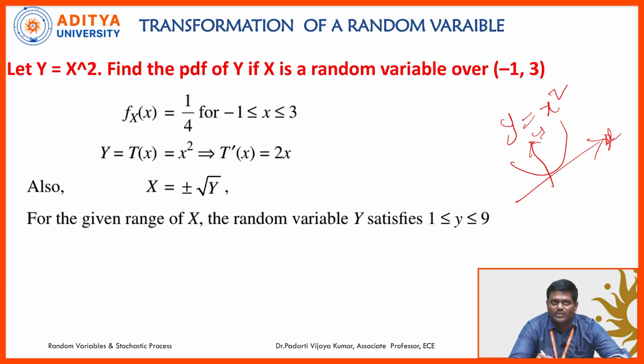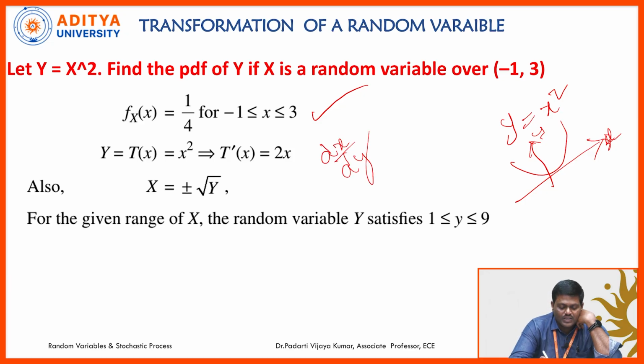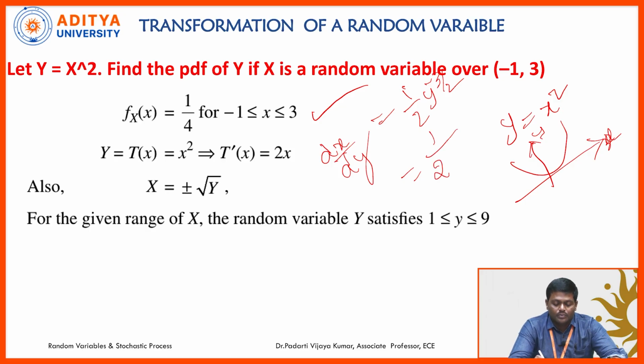Let us apply this one. We know that fx of x is given and it is defined over the range minus 1 to 3. The transformation is y is equal to x square. From this, dx by dy is equal to 1 by 2 y power minus 1 by 2, that means 1 by 2 root y.